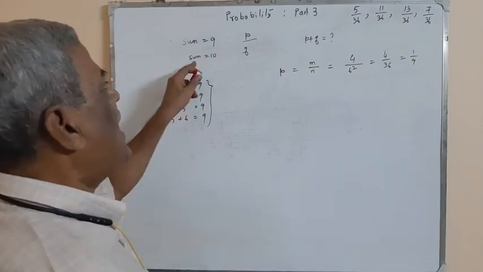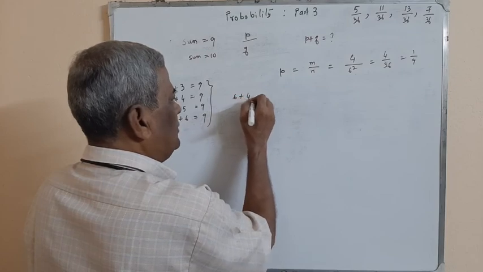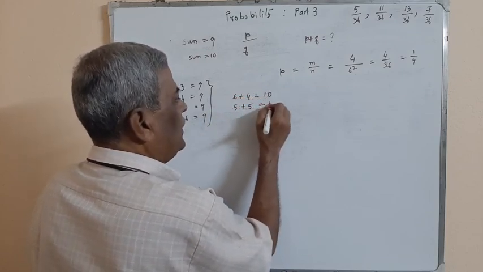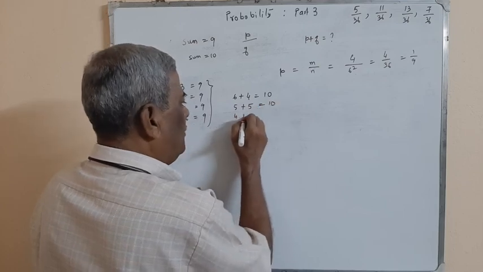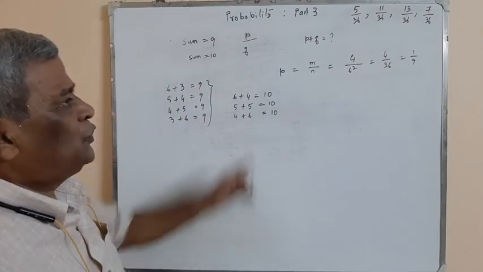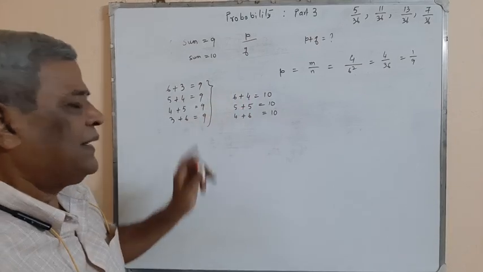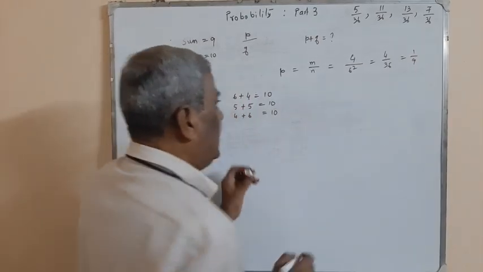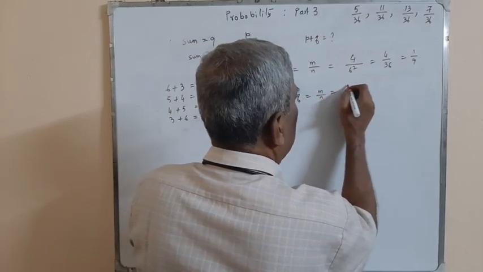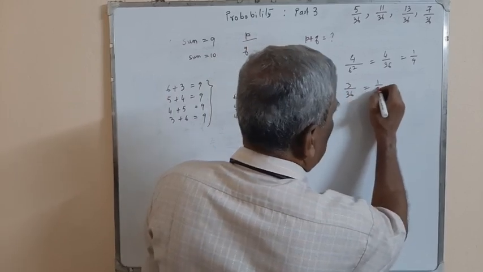Q, the sum is 10. It may be like that: 6 plus 4 is equal to 10, 5 plus 5 is equal to 10, then 4 plus 6 is equal to 10, and no other alternative. So for case Q, when sum is 10, possible cases are 3. So Q is equal to m by n is equal to 3 by 36, 6 square, 1 by 12.